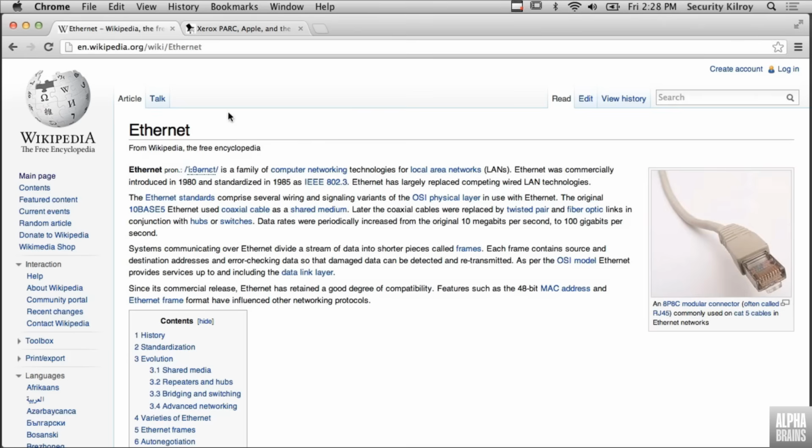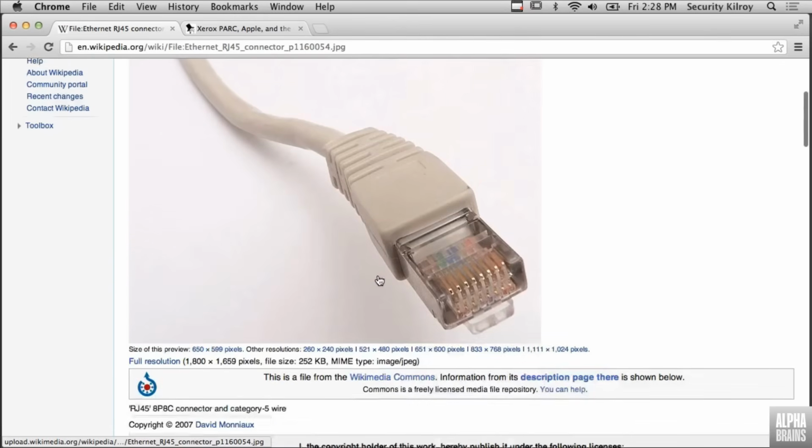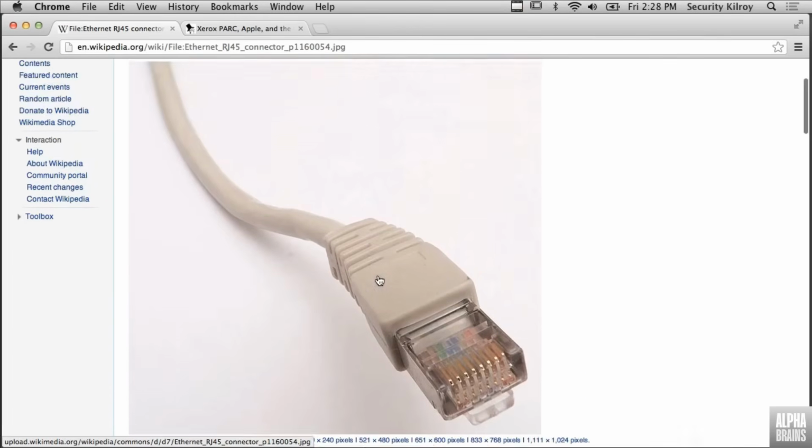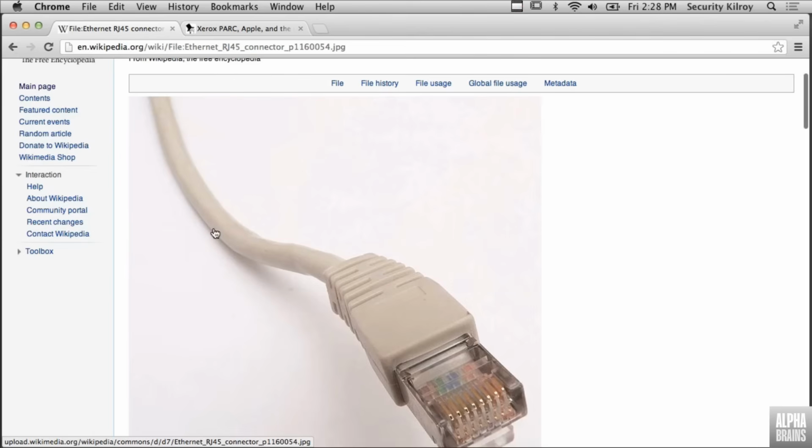It's a layer 2 protocol. It's actually a family of protocols. When you think of Ethernet, often people think of these cables right here. This is a Cat5 cable, and the Cat5 component is the cabling part. It's Cat5 because it's category 5, and there are varying degrees of categories which specify the gauge of the copper inside the cable itself.